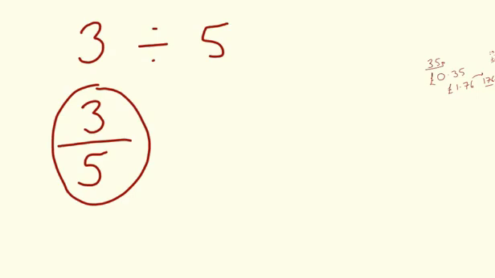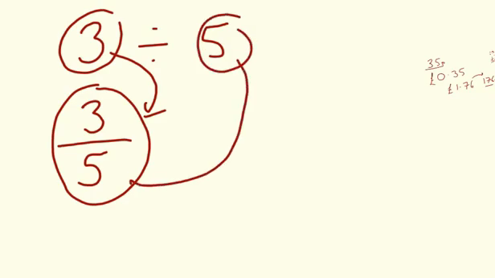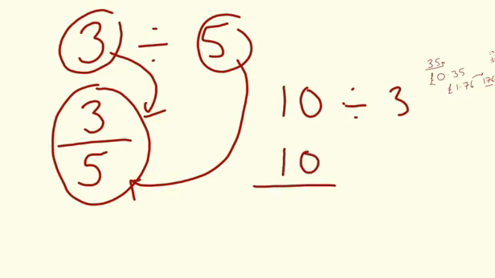Anything which is divided by a number, the first part will always go on the top, and the second part will be on the bottom. So the first part is the numerator and the second part is the denominator. Let's try this. 10 divided by 3. So the first part will be 10 and 3 will be at the bottom. Make sense?